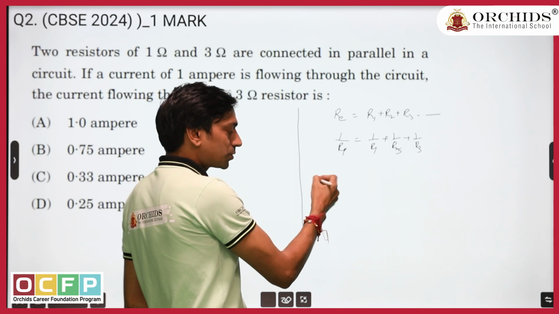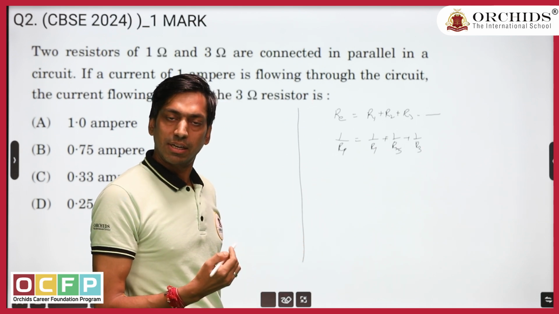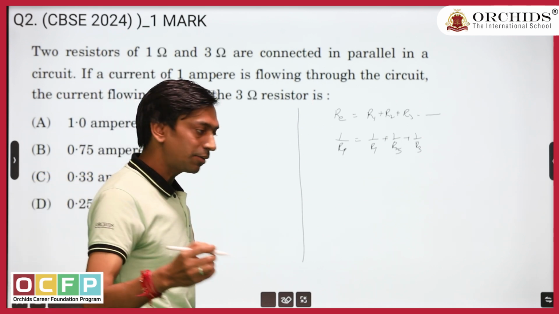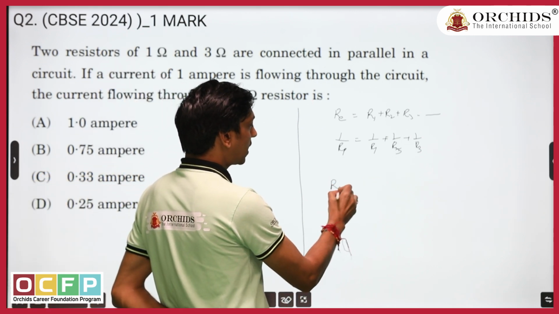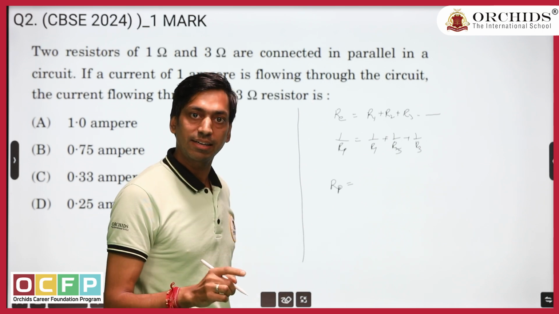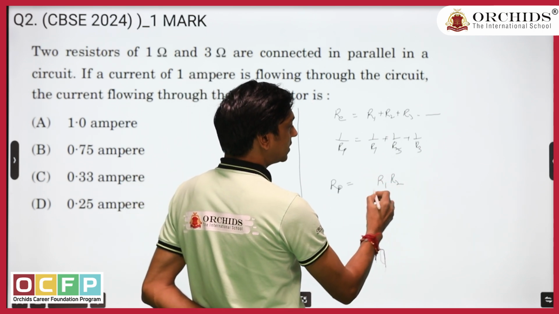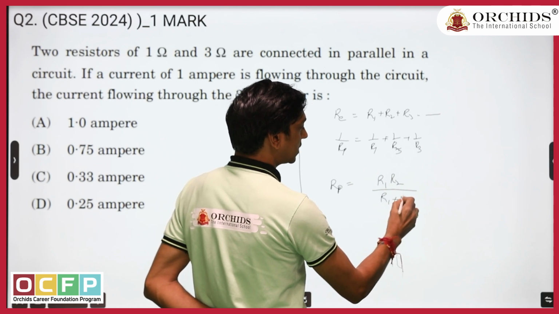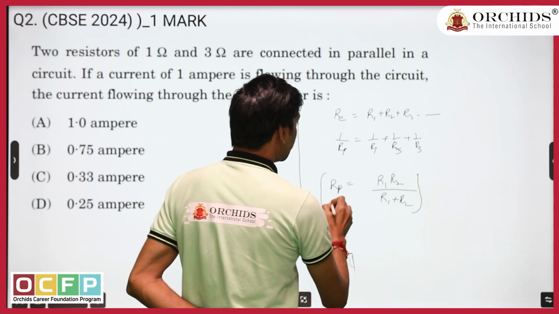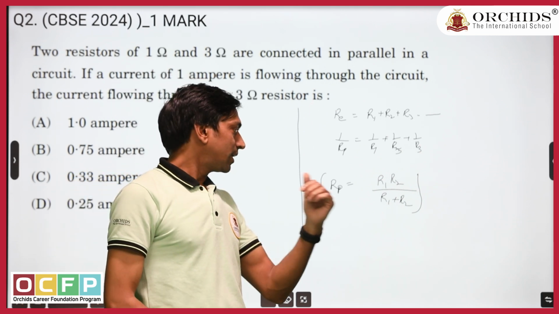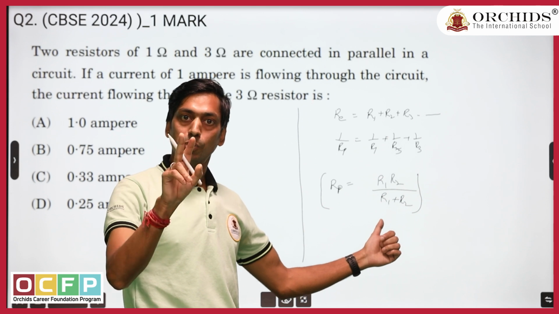In parallel, we can also calculate the resistance directly, especially in this MCQ where only 2 resistors are given. When 2 resistors are connected in parallel, Rp is equal to the product of resistances divided by the sum of resistances. You can use this formula directly, but take care that it is applicable only for 2 resistors.